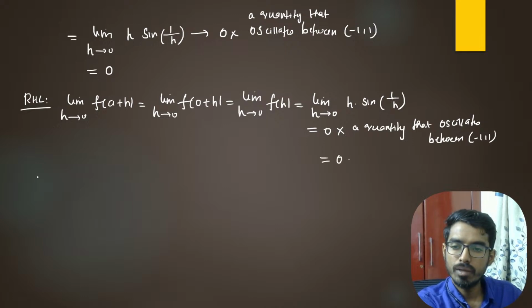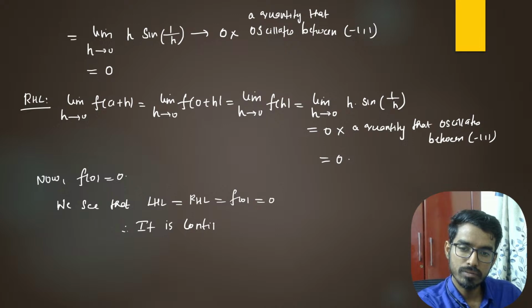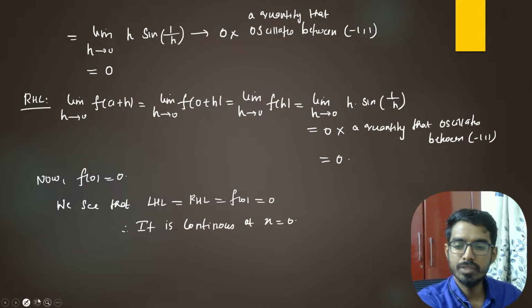Okay, it is 0. Now what is the function value at 0? It is 0. So we see that LHL is equal to RHL is equal to function value, all are equal to 0. Therefore, it is continuous at x is equal to 0.